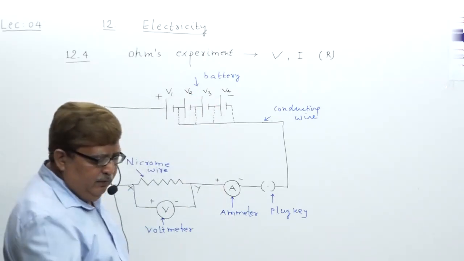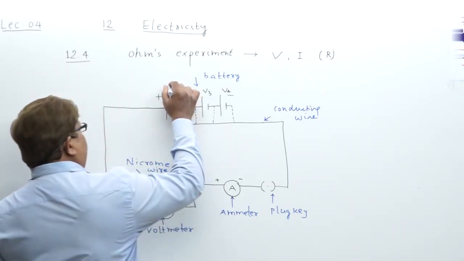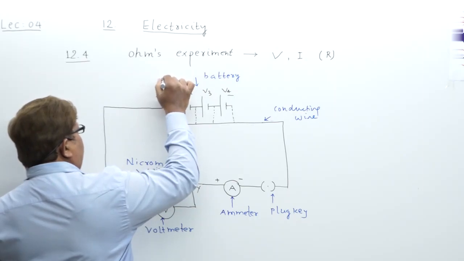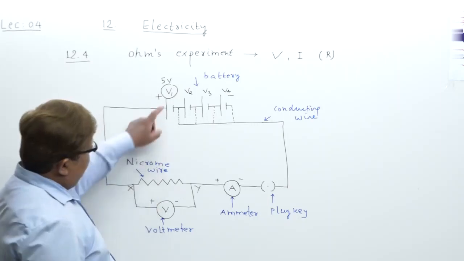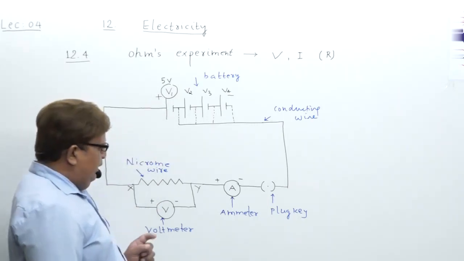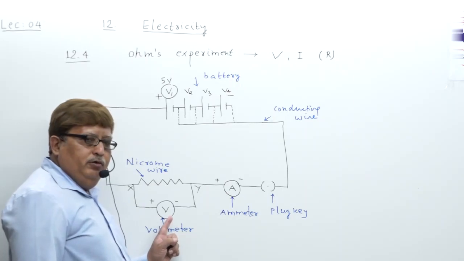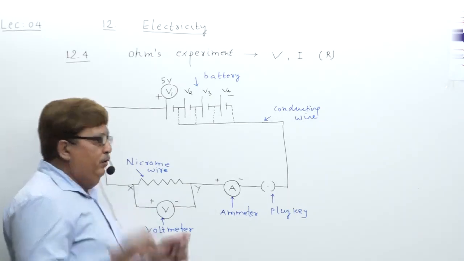Suppose we start thinking this way, my dear student, that one cell is, suppose, of 5 volt. Suppose think like this, that all are of 5 volt. So when one cell is connected, the voltmeter will show a potential difference of 5 volt.